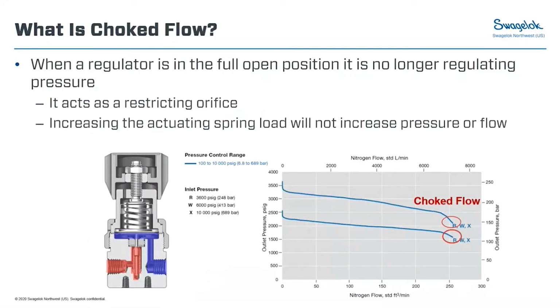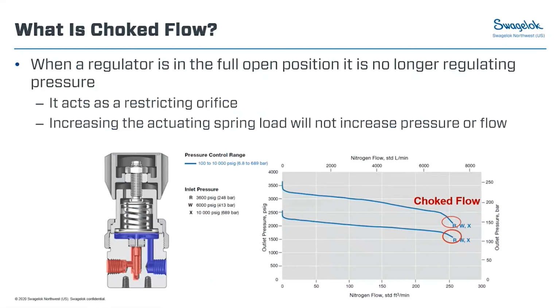So on the opposite end of our flow curve is choked flow. Choked flow is essentially when we've maxed out the flow that can get through our regulator. If we look at the flow curve, we're all the way at the end there. At this point, our regulator is going to act as a restricting orifice, so it will not be able to control pressure.